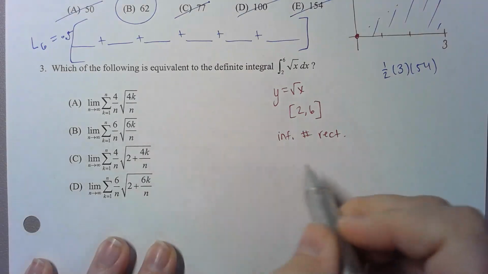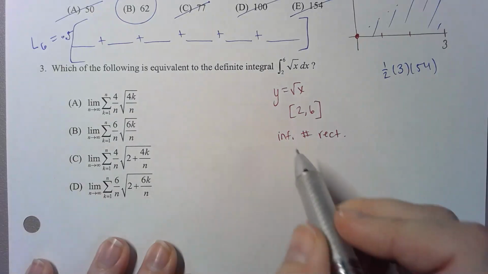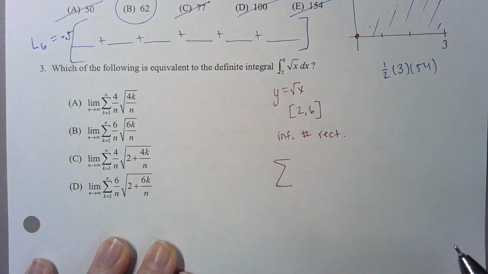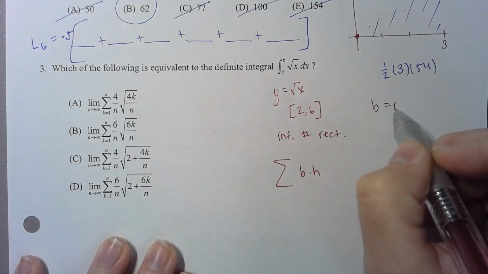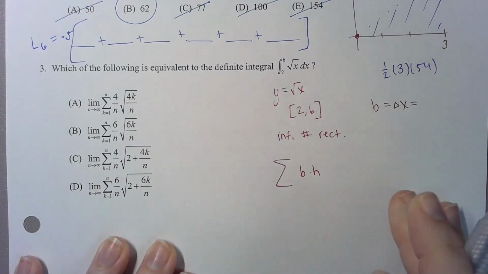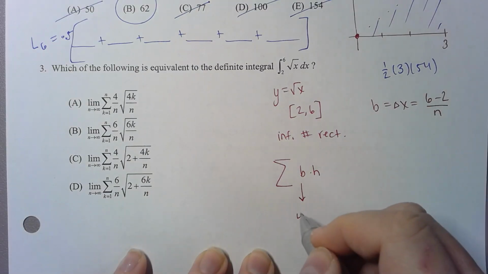So we said, well, that means n is going to infinity, right? We said we're still adding up base times height. The base is our delta x. And how do we find delta x? It's b minus a all over n. So my base is 4 over n.